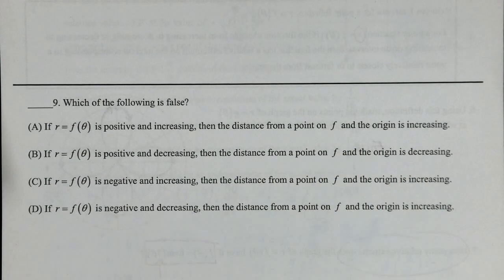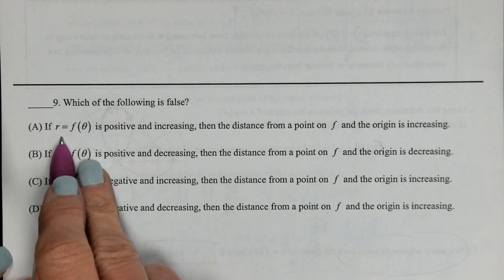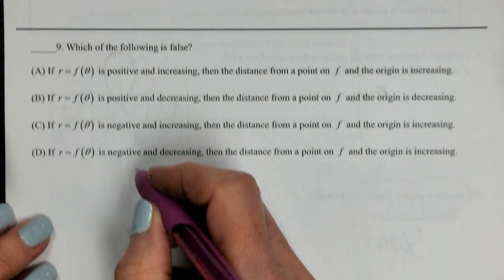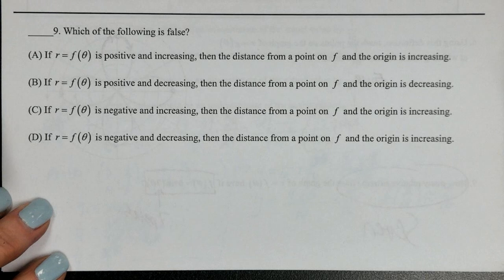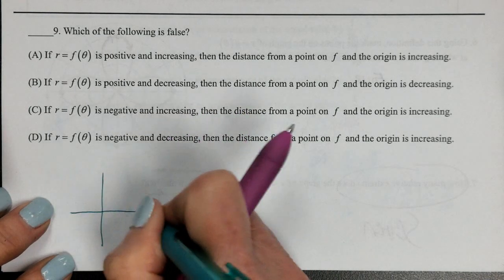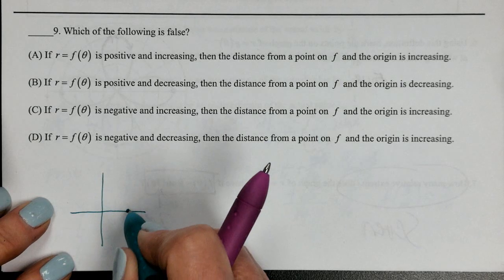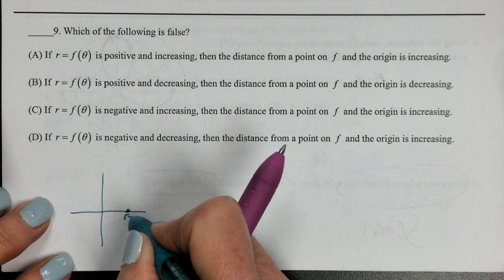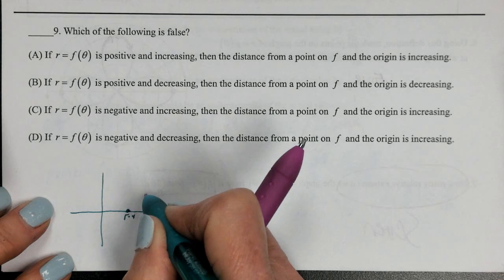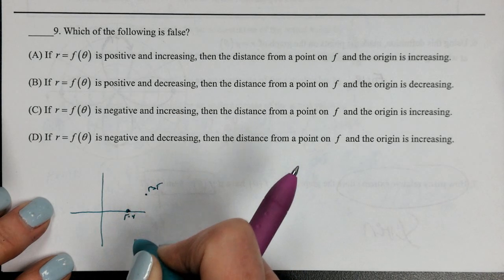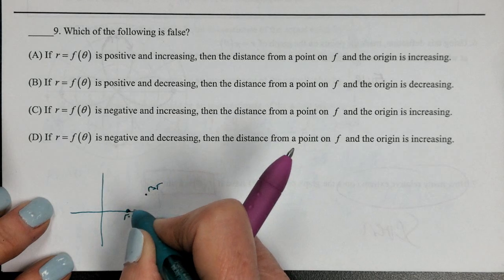Which of the following is false? Okay. If r is positive and increasing, think about that. If we are here, if we're at theta is 0 and r is, let's say, 4 here. If r is increasing, that means maybe the next r would be 5.